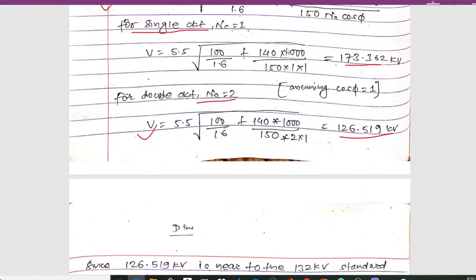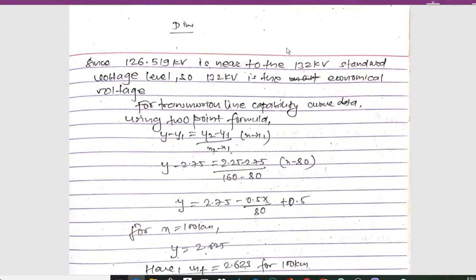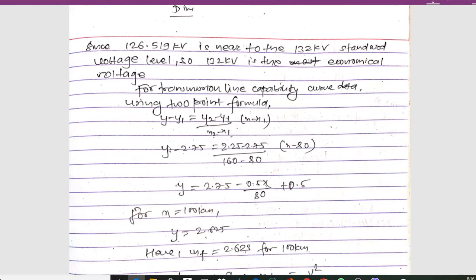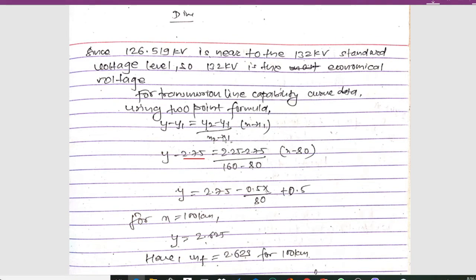So here we have y minus y1. For y1 we have 2.75 as shown in the table, and y2 is 2.25.